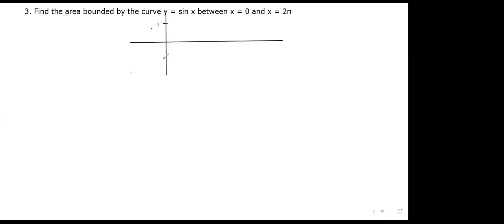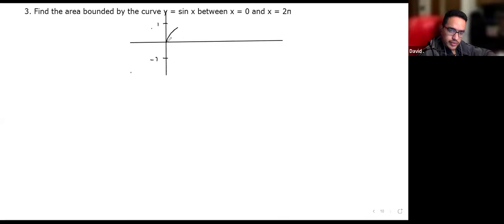This is 1, this is negative 1. The range of y equals sine x is always between negative 1 and 1. So the curve goes like this.